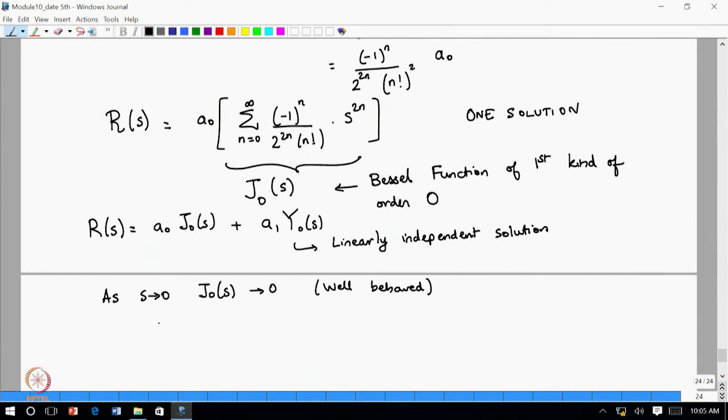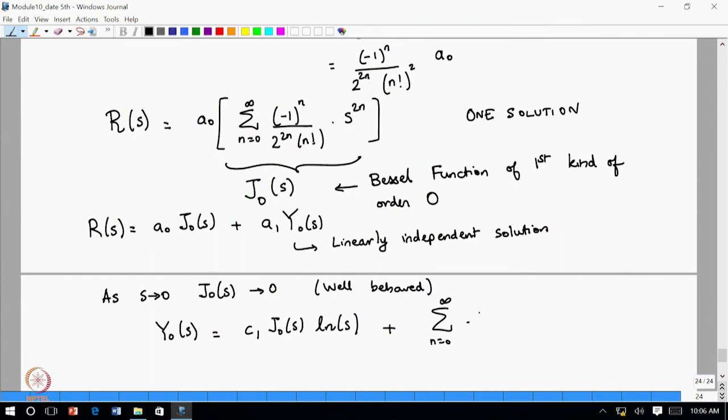But if you look at y 0 of s, if you do by variation of parameters, what you will get is something like C 1 times J 0 of s times natural log of s plus sum over n equal to 0 to infinity, you will get some other series.